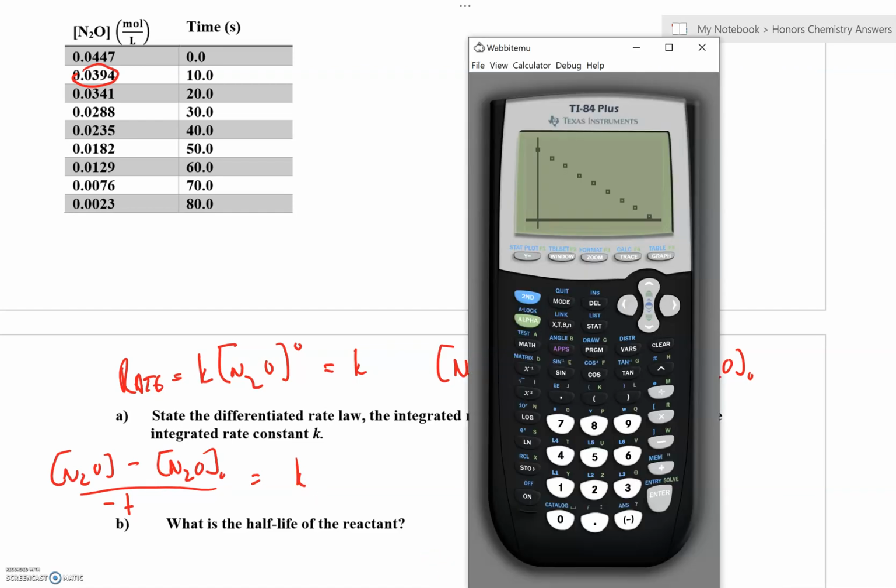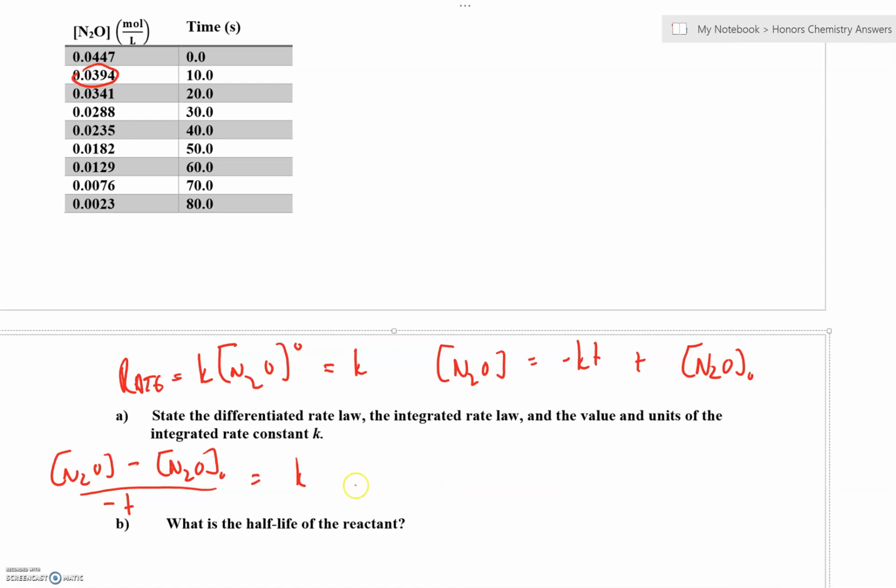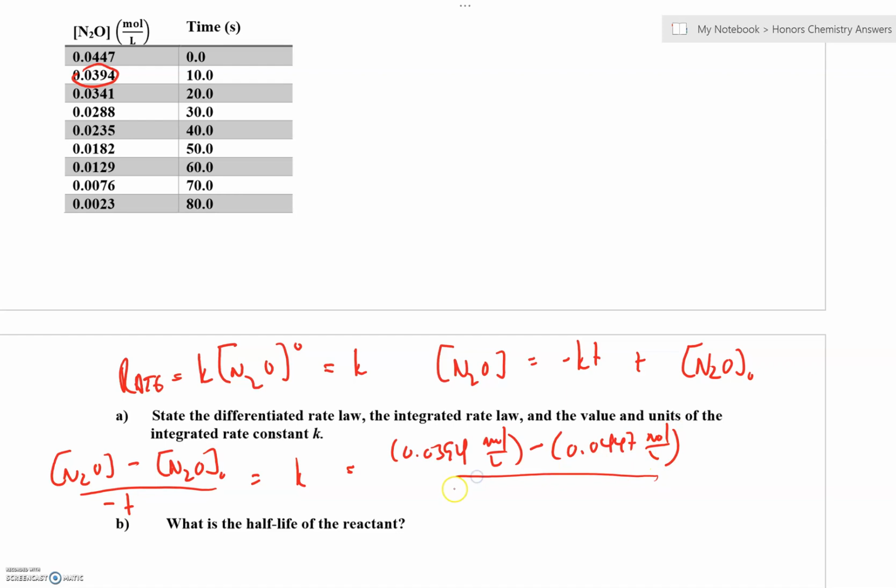So let's plug some stuff in so we know what we're doing here. This is 0.0394 moles per liter minus 0.0447 moles per liter, and we picked 10 seconds. So nothing's going to cancel, and so our units are going to look like moles per liter second. And here is our calculator.